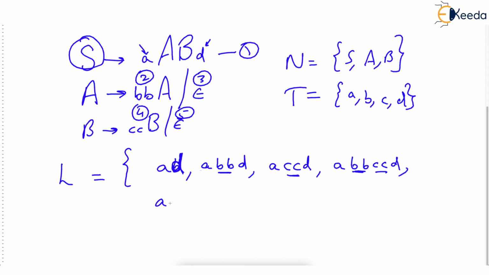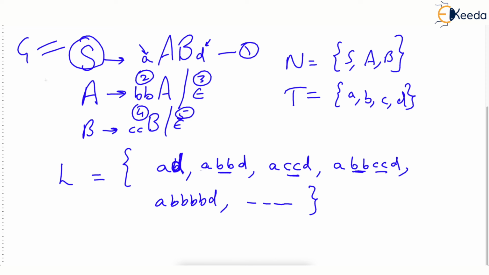Or you can have A, four B's, and then D, absolutely no C. What that means is all the strings which have first letter A, last letter D, and in between A and D, you can have an even number of B's followed by an even number of C's, but B can be missing, C can be missing. This is the language generated by the given grammar G.